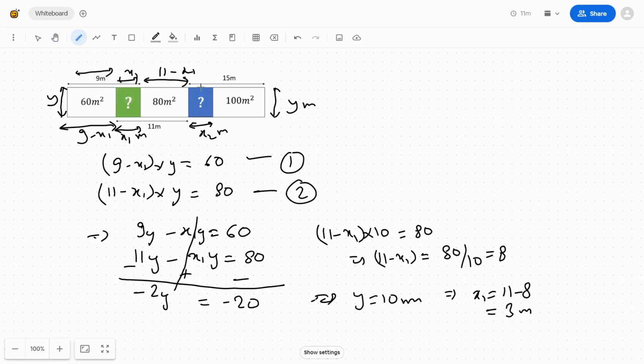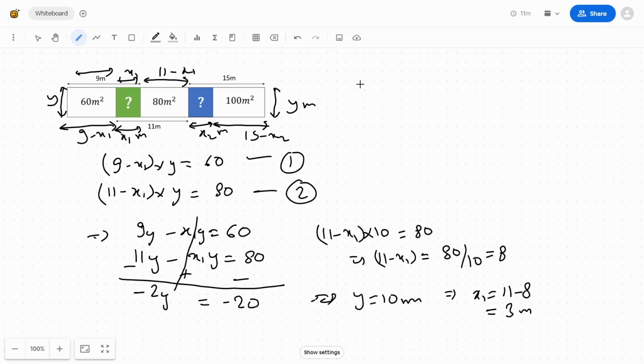So for that we will use this information, the length of 15 meter, and in that case since we know the area of this part as 100 meters square, the length of only this portion is 15 minus x2. Hence, to calculate the area of this, we have to multiply the 15 minus x2 with the length of y meter.